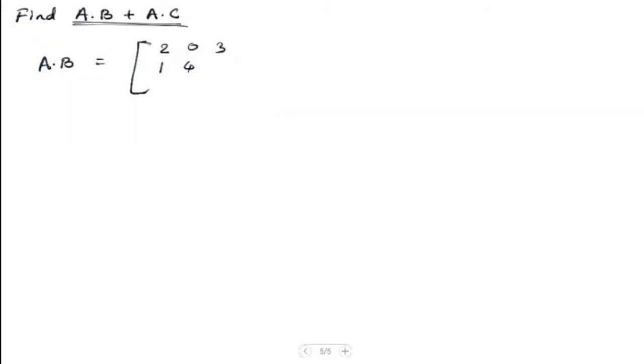Okay, so we have here 1, 4, 6. That's b, which is 1, 2, 1, 0, 4, 8 and 3, 1, 2.